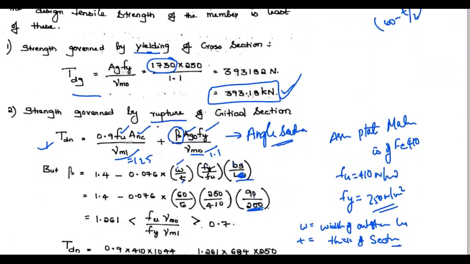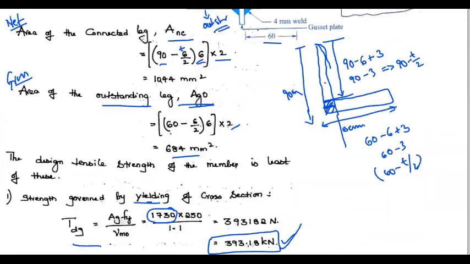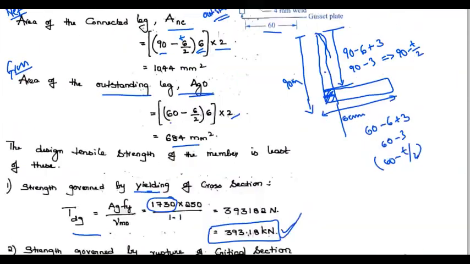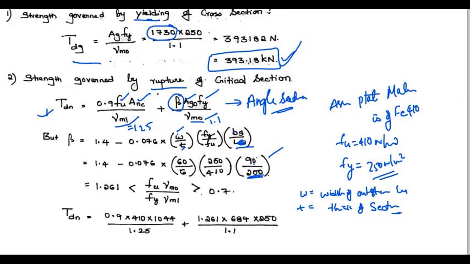Now let us put these values from these figures, and here this w, I mean this bs. So this bs value is different for a bolted connection, but in weld bs is equal to w, equal to the width of the connected leg.